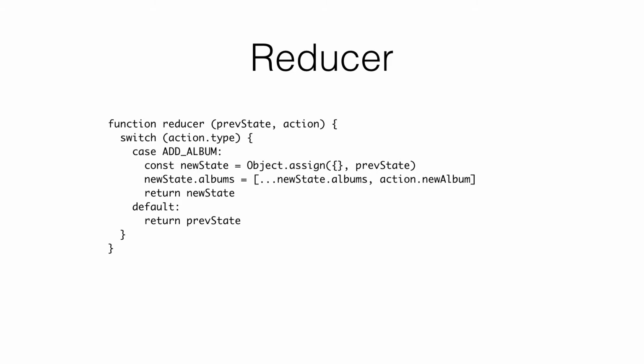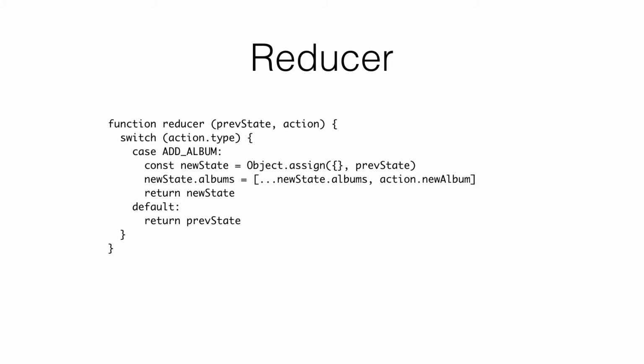And the new album that was included in the action. And then we return that. In the case of any other action happening, we just return the previous state, saying basically we are going to ignore any actions we don't understand by saying that we just don't change in the presence of them. Questions about this?